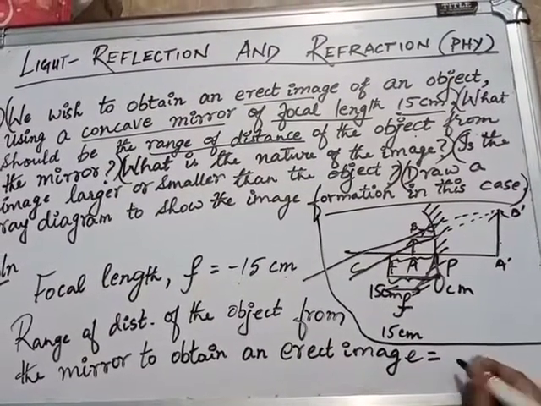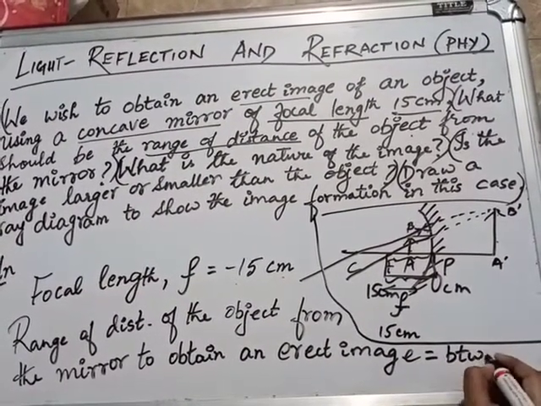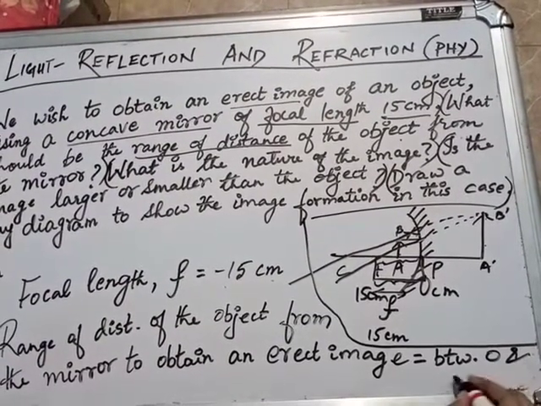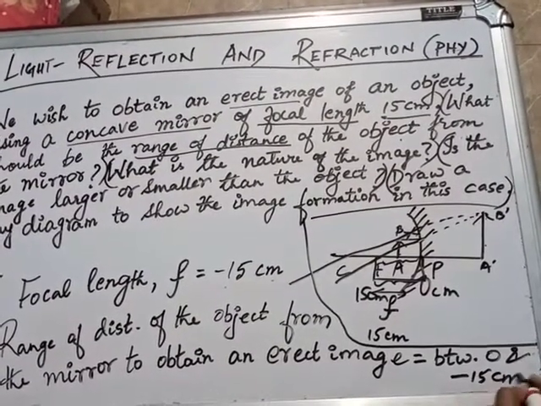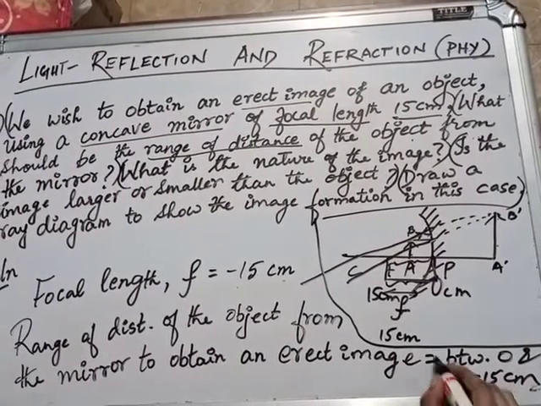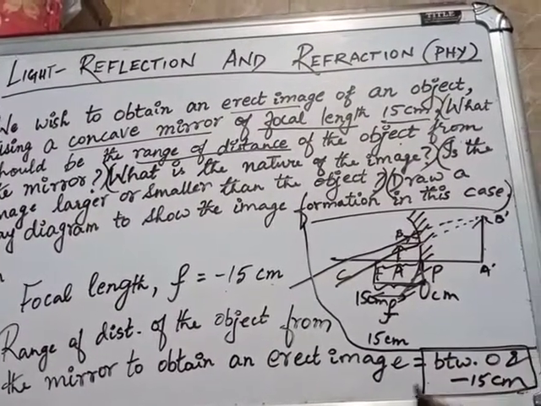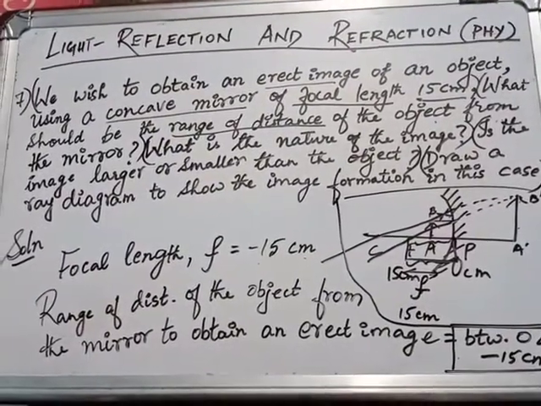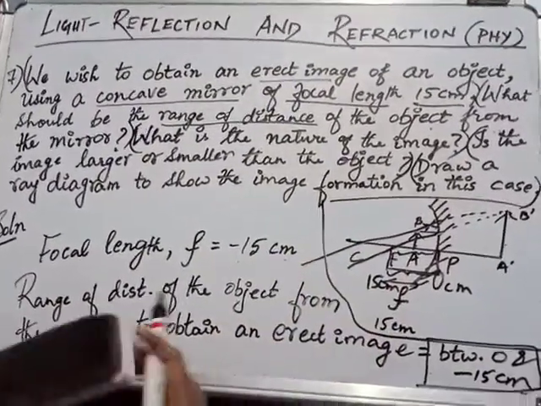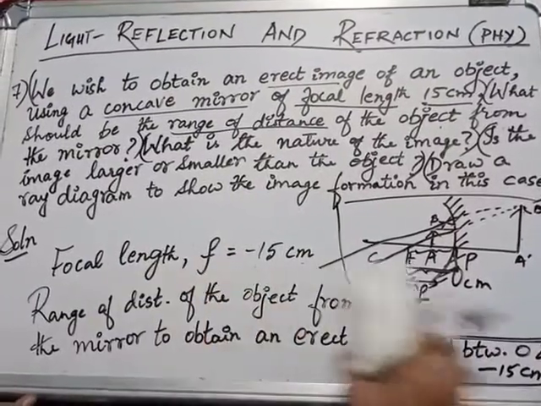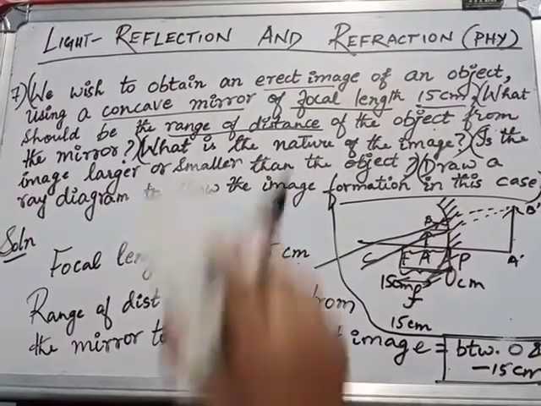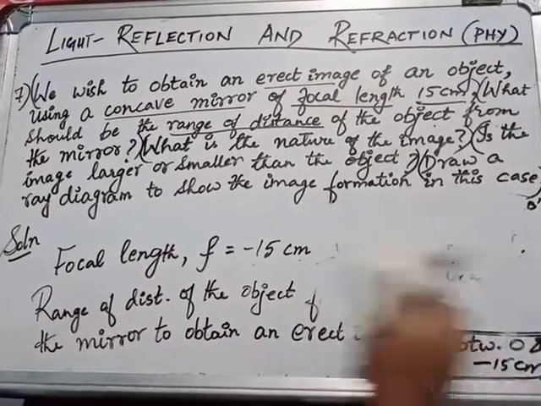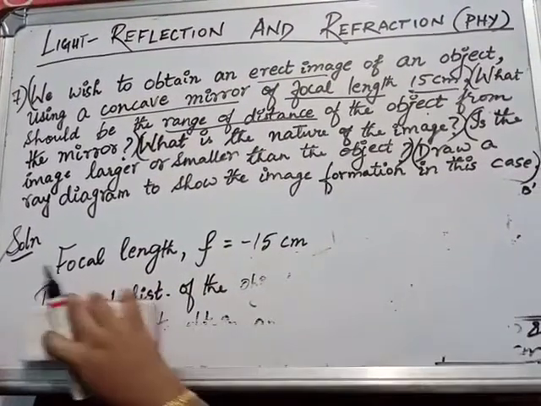Just now I told you, between 0 and minus 15 centimeter. Okay, this should be the range. Now we move on to our next question. What is the nature of the image? Let me just erase this so that it will be easier for you all to understand. Otherwise, it will become very messy and there is no place here.